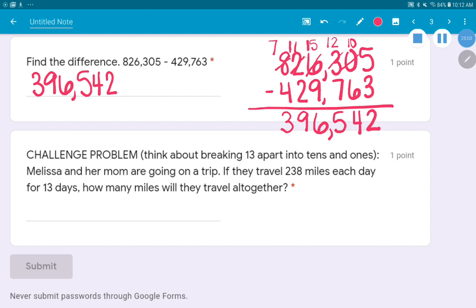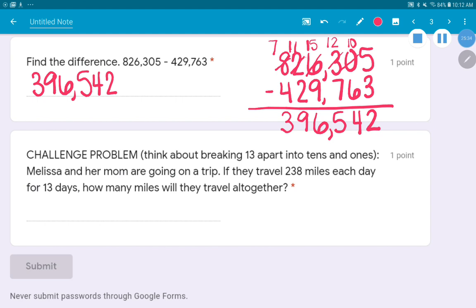I solved that problem by looking at the addition problem, where 826,305 was the total, and those two numbers were parts of that. Oh, Harper noticed something. So I just said it should be that part. You're exactly right. I did that on purpose.